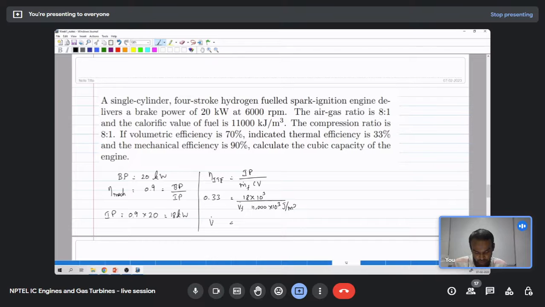Now we can calculate volumetric flow rate, which is 18 into 10 power 3 divided by 0.33 into 11,000 into 10 power 3.